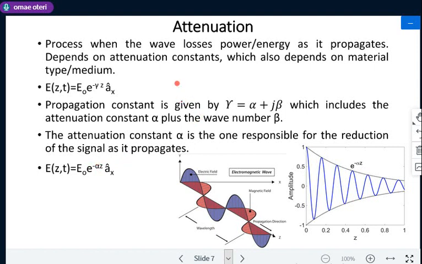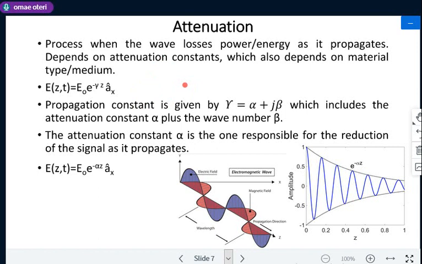But I will be looking at this more when it comes to losses.